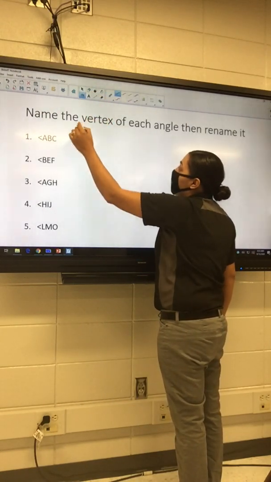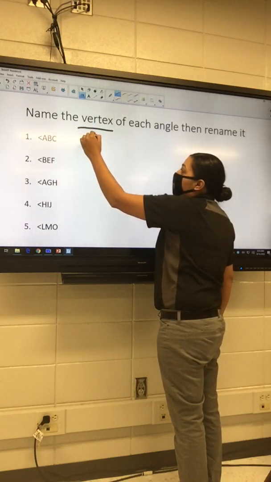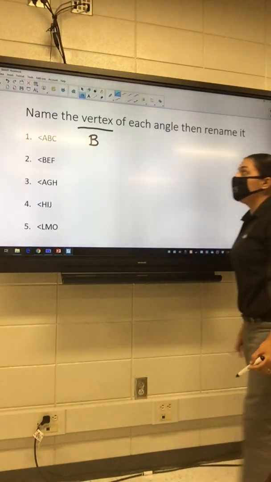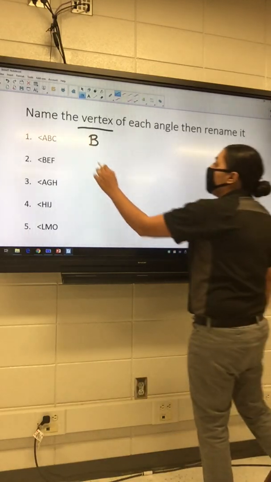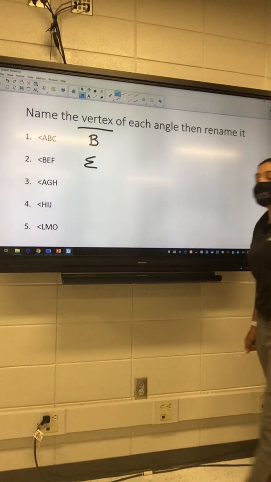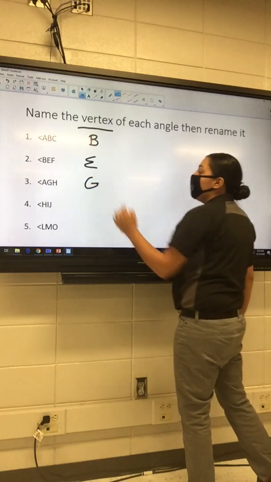I'm just going to write all my vertexes below here, but the vertex is going to be B. If you look at number 2, what's the vertex? E. If you look at number 3, what's the vertex? G. And it says to rename these angles.